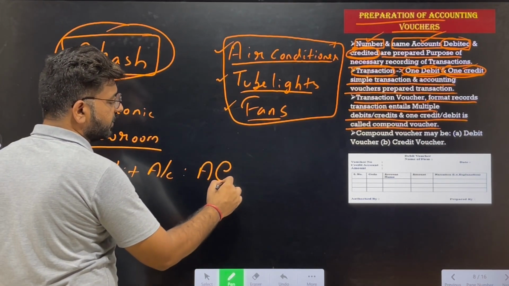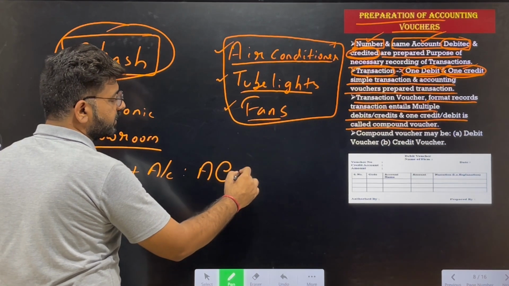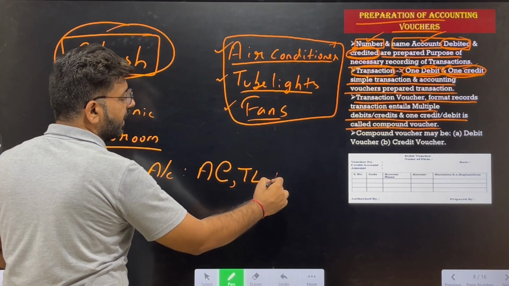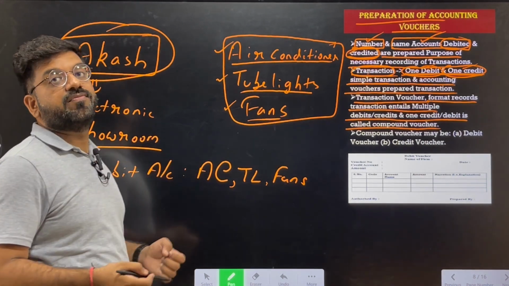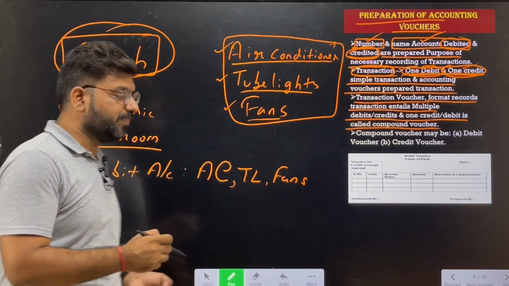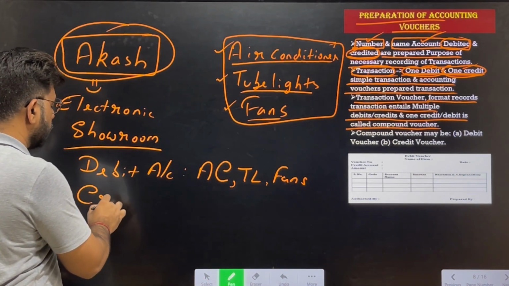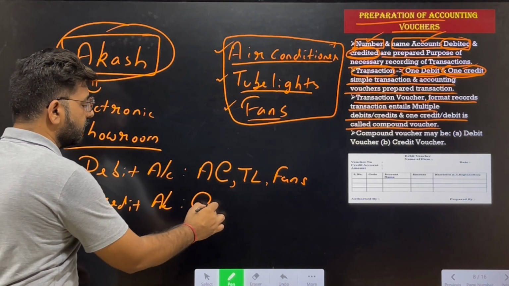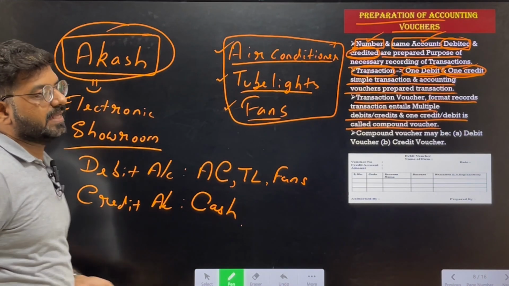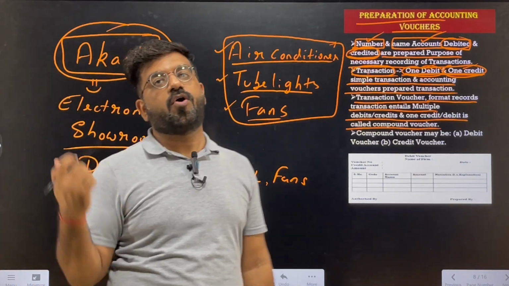That is, I have purchased the air conditioner, the tube light, and the fans as well. So all these three will be of debit nature, and the credit account will be simply one, that is the cash, because I paid him cash and received all three items.